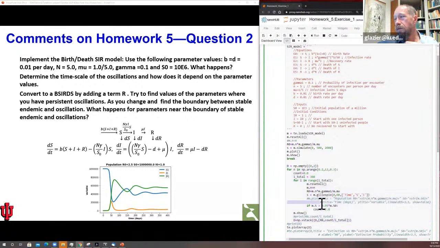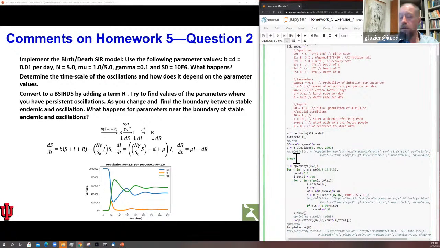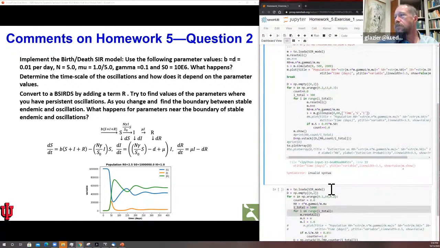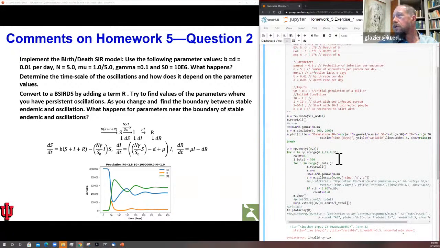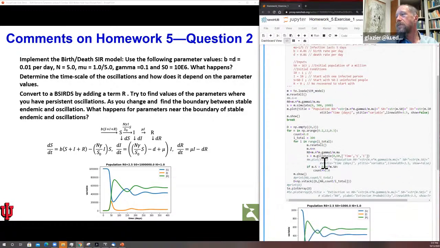While you're working on that, I'm going to grab this slightly fancier version of the plot. So my plot is labeled, but does the same thing.